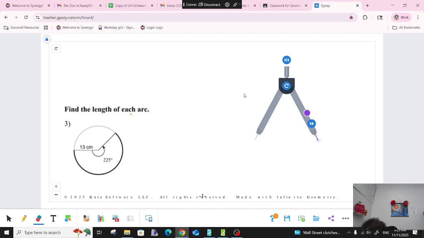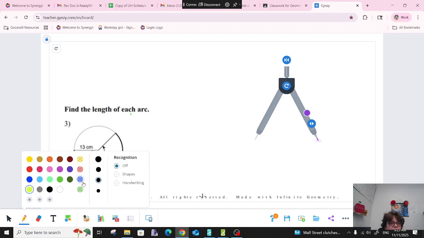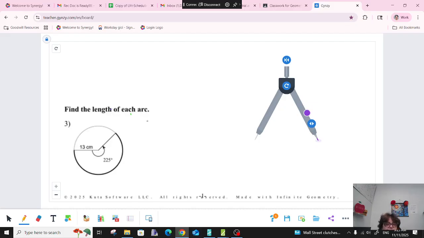This is your circumference formula, which is 2 pi r, but then I'm going to multiply it by the arc that they're talking about, that degree, over 360.